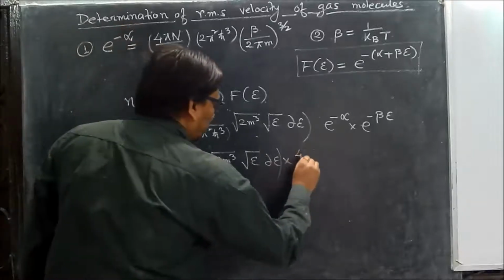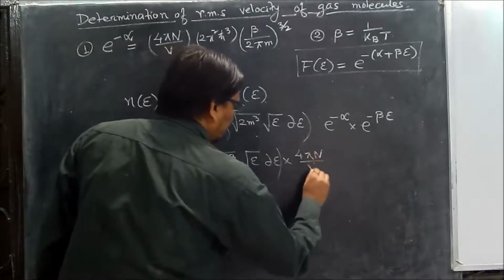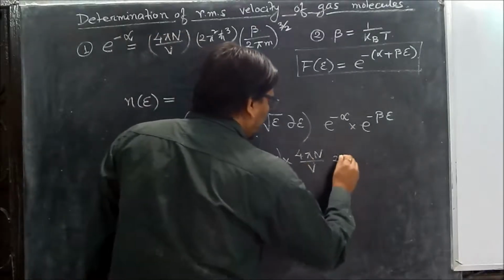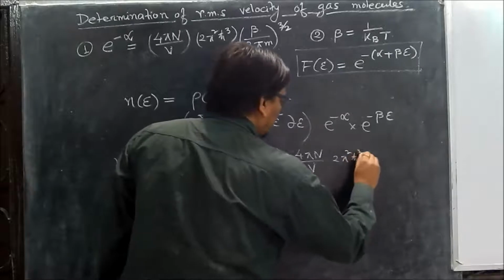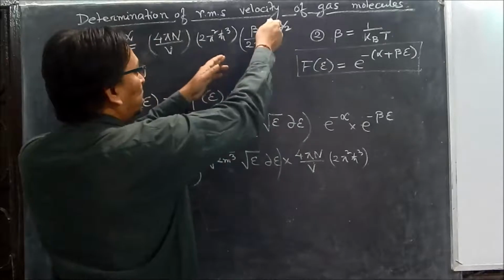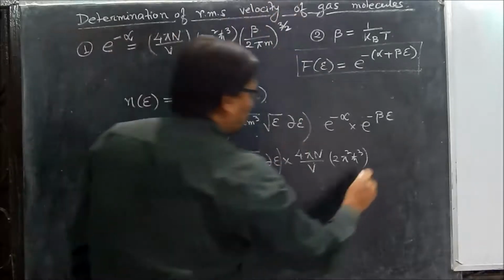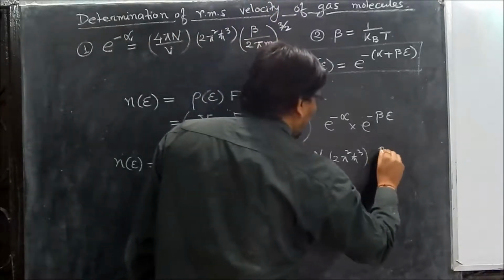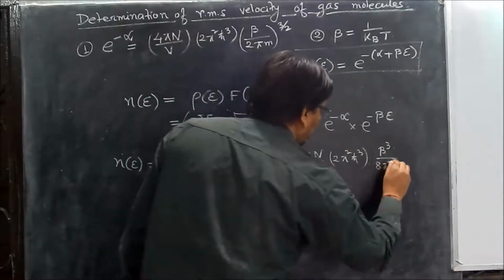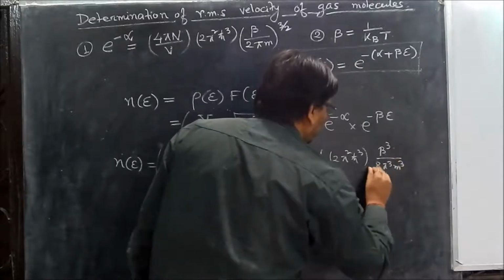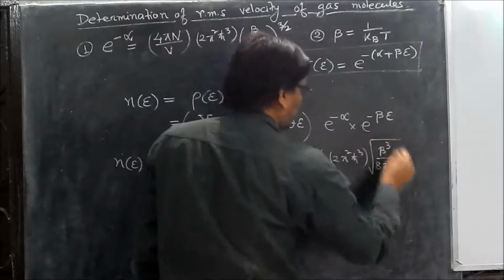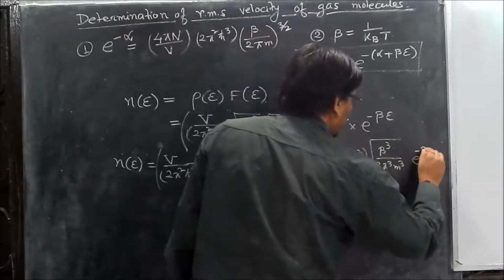So this is our 4 pi n by v, multiplied by 2 pi square h hat cube and again this thing. So I am taking this cube inside and making this all under root. So this will be beta cube by 2 cube, which is 8. So this will be 8 pi cube m cube root under this. And lastly we have this function, e to the power minus beta epsilon.